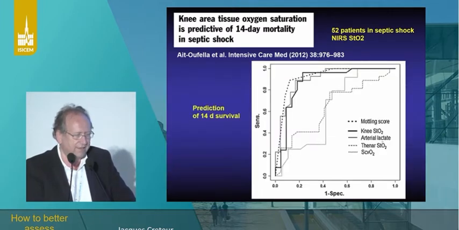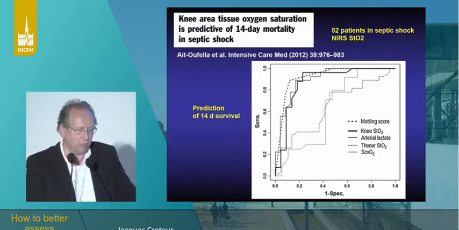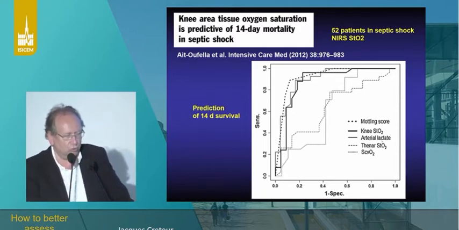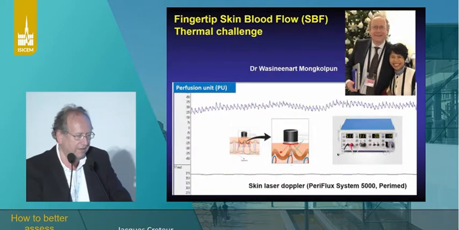And this is another study which compared different techniques to assess peripheral perfusion. It seems that the mottling score and knee StO2 do better. They are better prognostic techniques to predict the 40-day survival than, for example, the ScvO2.